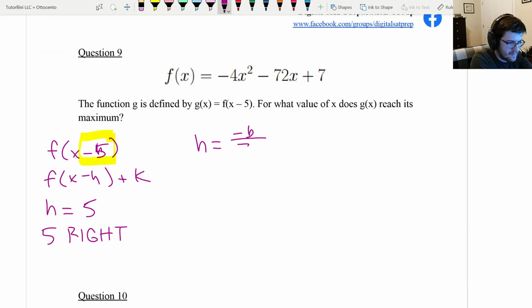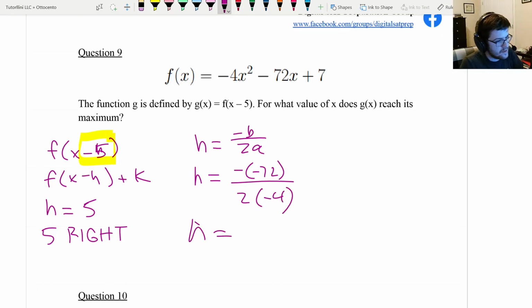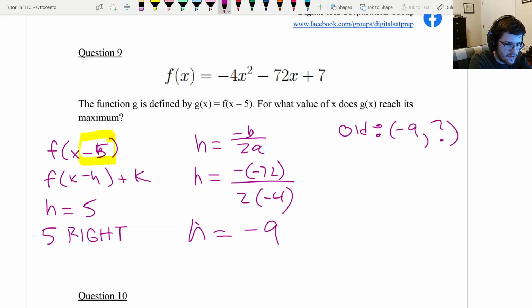And we're now going to go and find the x-coordinate of the vertex, also called h, using negative b over 2a. So h is negative 72 is b, 2a is negative 4. So we get 72 over negative 8, which is negative 9. So now our old vertex is negative 9, something, question mark.